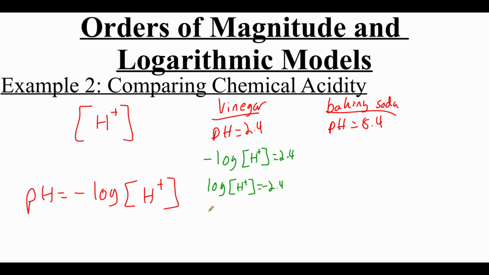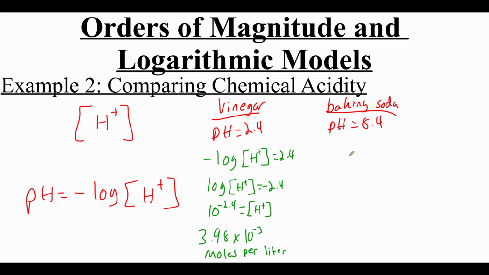Now, this is a base 10 logarithm, so if I want to write this in exponential form, this would be 10 to the negative 2.4 power equals that hydrogen ion concentration. And if we take 10 to the negative 2.4 power, in scientific notation, we get about 3.98 times 10 to the negative third, and that would be moles per liter.